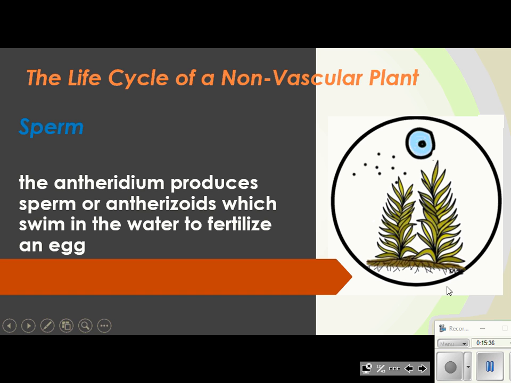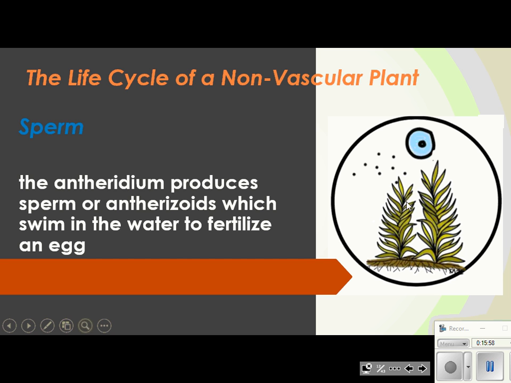So if you're looking right here, these little dots are representing the sperm, the haploid sperm that the gametophyte is producing. Now these things right here are the gametophytes.